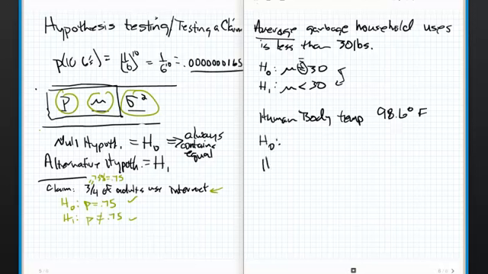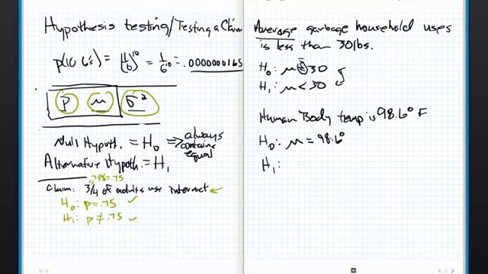All right, now let's see how this guy plays out. The human body temperature is 98.6 degrees. So we're making a statement about the parameter mu. I believe that the average body temperature is 98.6 degrees. So what is the alternative?